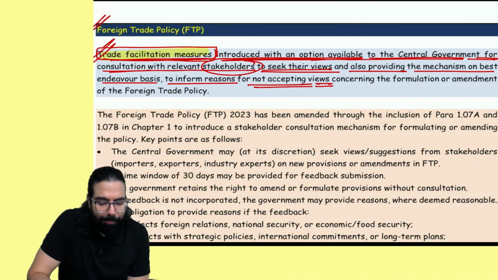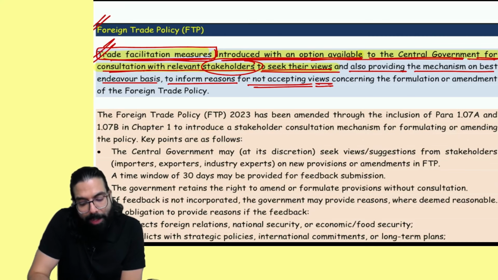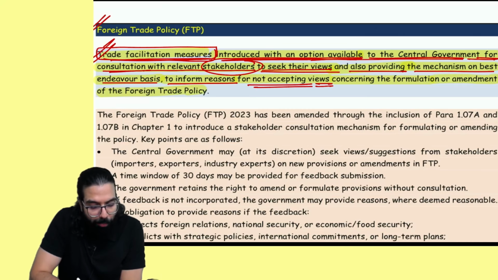Trade facilitation measures are now introduced with an option available to the central government for consultation with relevant stakeholders to seek their views, and also providing a mechanism on best endeavor basis to inform the reason for not accepting views concerning the formulation or amendment of foreign trade policy.